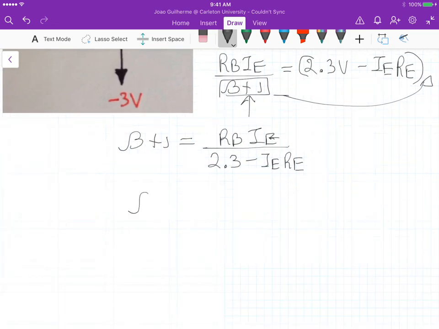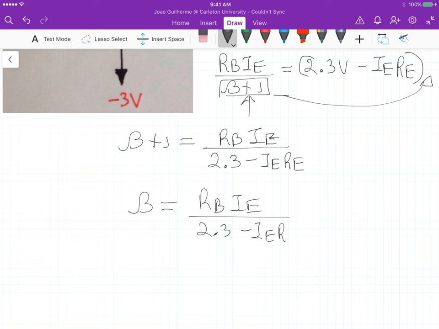In other words, beta should be equal to RB times IE divided by 2.3 minus IE RE, minus 1.